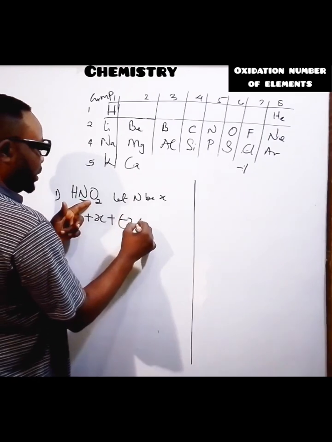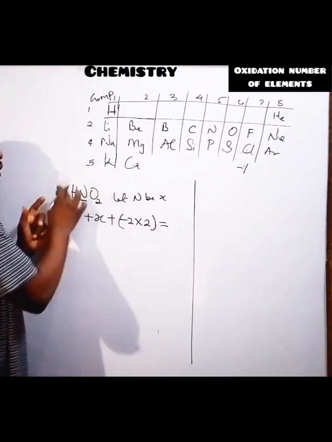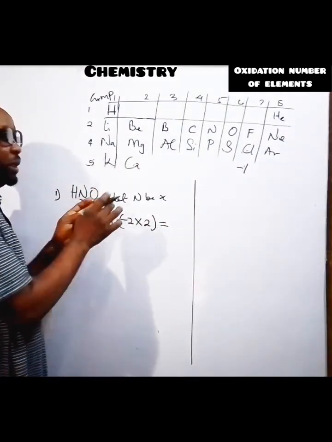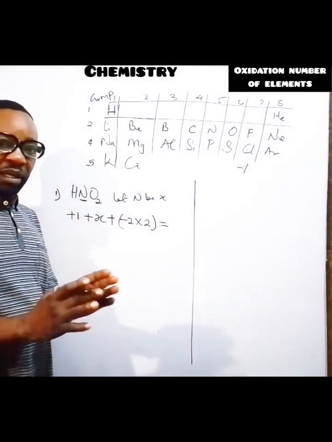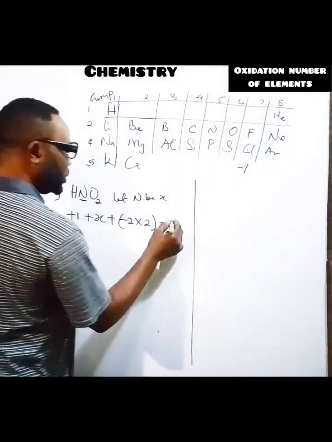It is -2, times how many oxygen do you have there? 2. Don't forget, the summation of the oxidation numbers of every compound in their compound state, if they do not have charges on them, will be equal to 0.